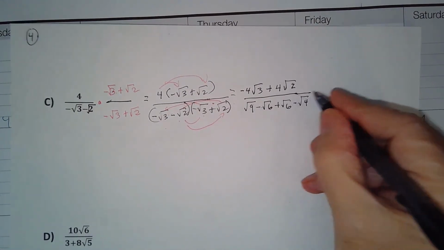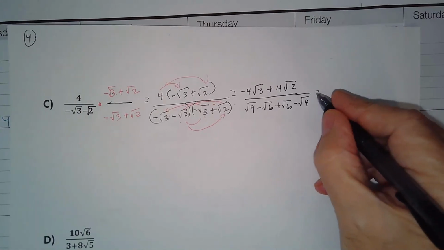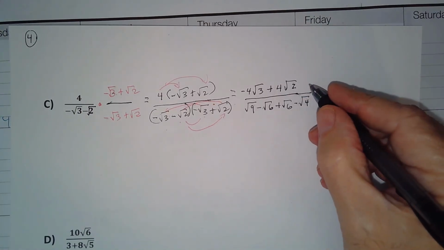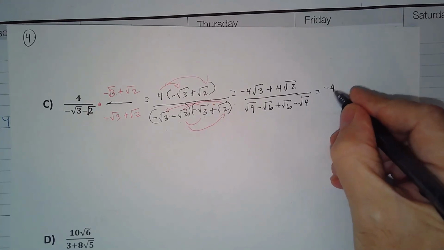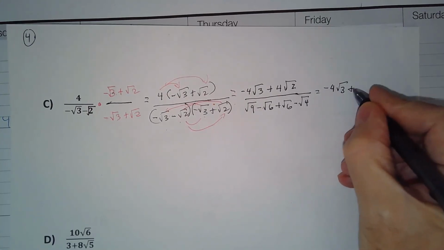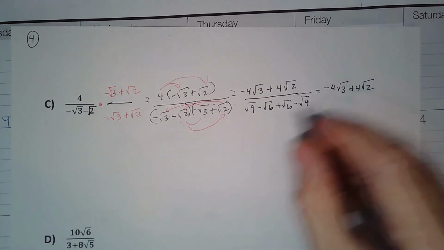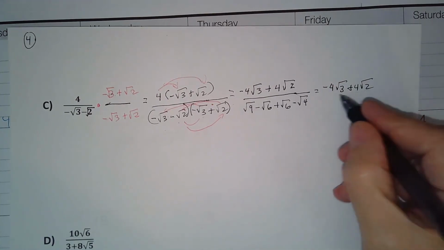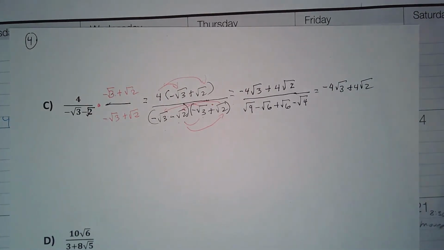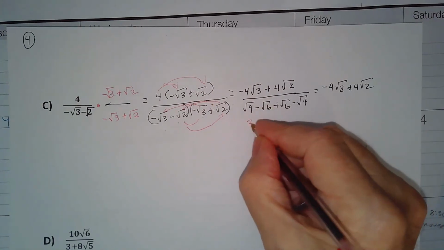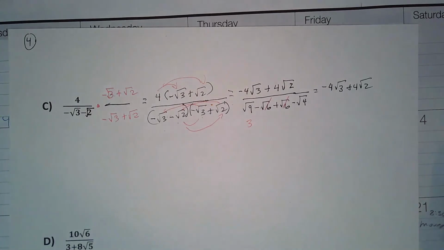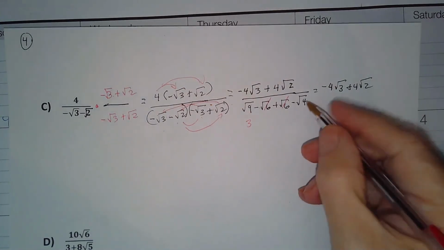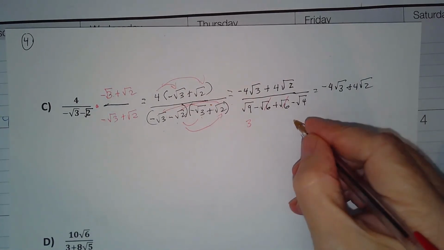All right. So let's leave the numerator alone for the moment. Negative 4 square root of 3 plus 4 square root of 2, because we know we've got stuff to simplify in the denominator. Square root of 9 here is really 3, right? Square root of 6 and negative square root of 6 cancel. And the negative square root of 4, isn't that just negative 2?